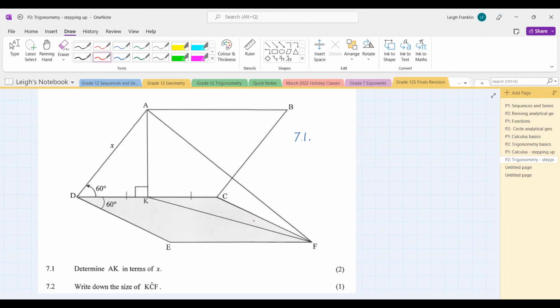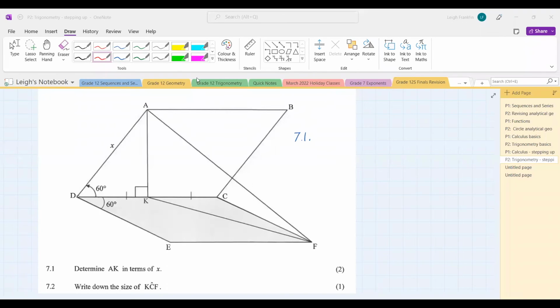So if we want an expression for AK in terms of x, x is the hypotenuse of triangle AKD. So what we would do here is use the angle that we've been given, 60 degrees. AK is opposite, and x is the hypotenuse. So we'd have to use the sine of the angle.